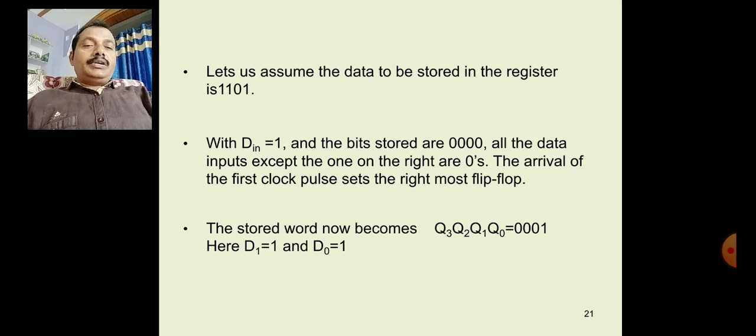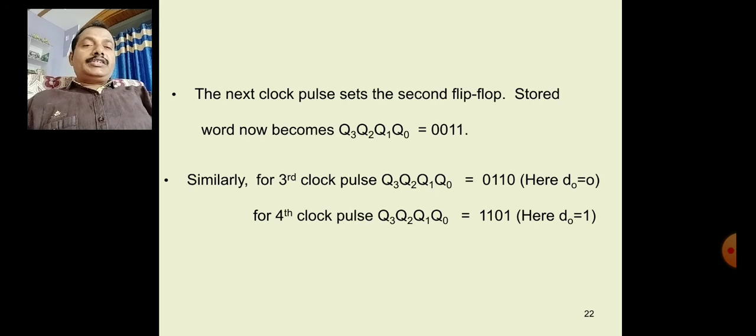So the stored word now becomes 0001. Here D1 is 1 and D0 is 1. Now the next clock pulse sets the second flip-flop. The stored word now becomes 0010. Similarly, for the third clock pulse, the output is 0110. For the fourth clock pulse, it becomes 1101.